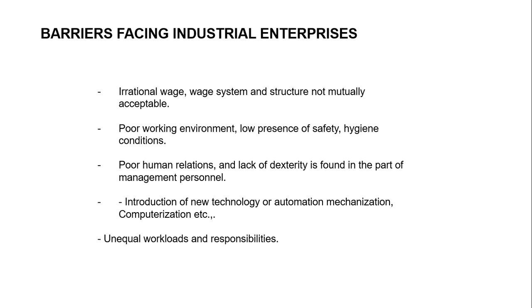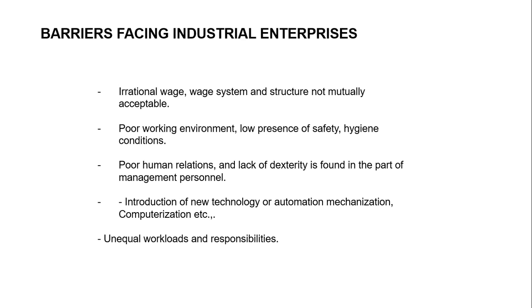Poor human relations and lack of dexterity is found in the part of management personnel. This point is the poor human relationship, or what's called the personnel behavior and the personnel relationship between the manager and the subordinate.